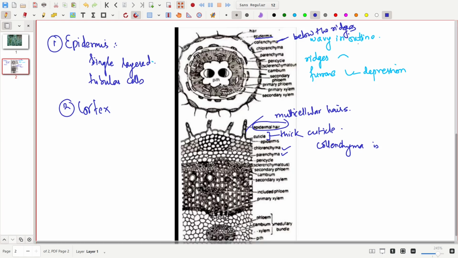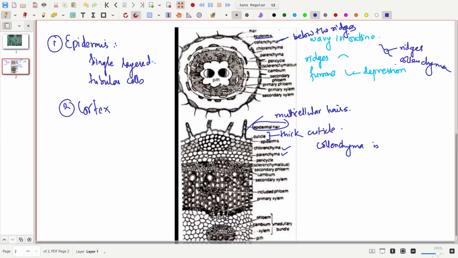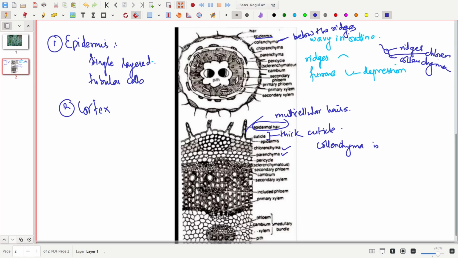These are the wavy structures, and here is the ridge. Here is the collenchyma, and at the side there is chlorenchyma. As it has chloroplasts, it has the capacity for photosynthesis as well. The remaining part below it is represented by the parenchyma.